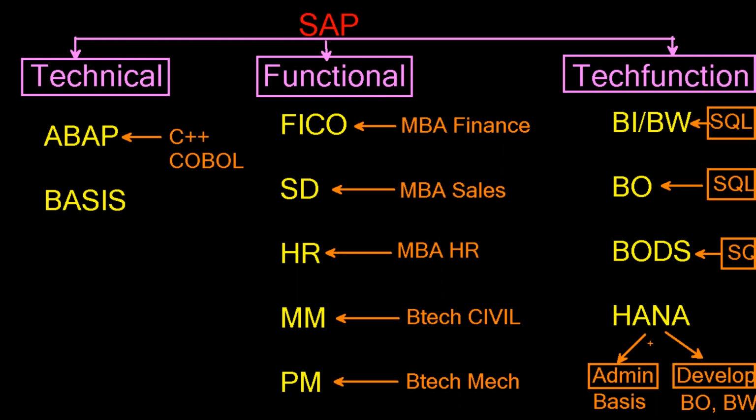If you want to learn HANA admin, basis is the domain knowledge. If you want to learn HANA development, BO, BW, BI/BW are the domain knowledge. And if you want to learn FICO, finance is the domain knowledge. If you want to learn SAP SD, marketing is the domain knowledge. But for basis, no need for any domain knowledge. Directly, people from any education background can learn SAP basis.